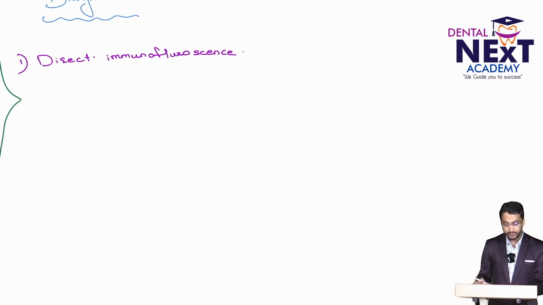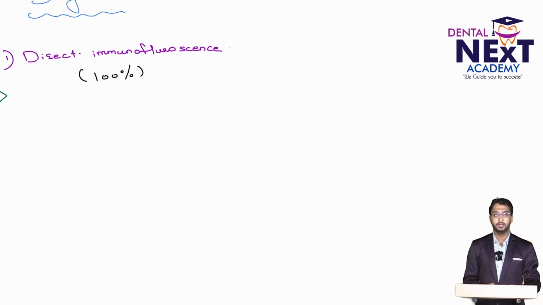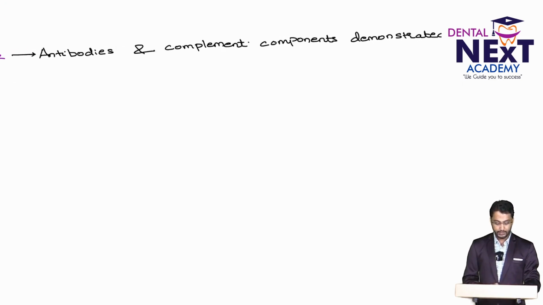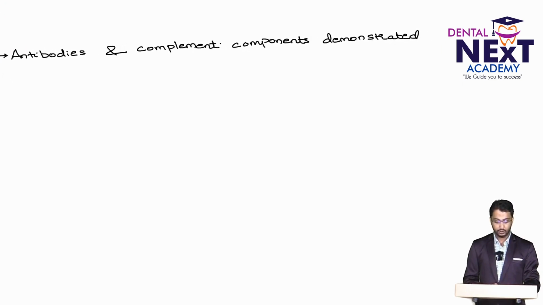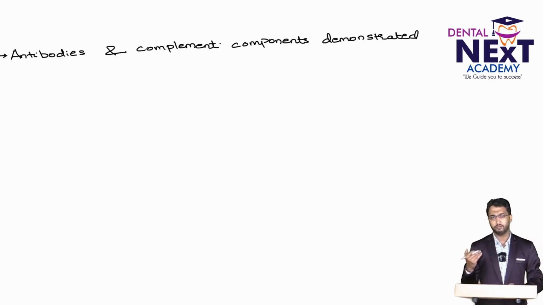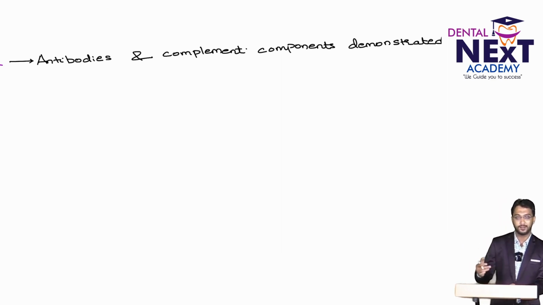So direct immunofluorescence is 100% positive. Autoantibodies are seen and complement components are demonstrated. Okay, it's not very significant, but these autoantibodies are much more typical. You know now what complement is. This is what I told you.